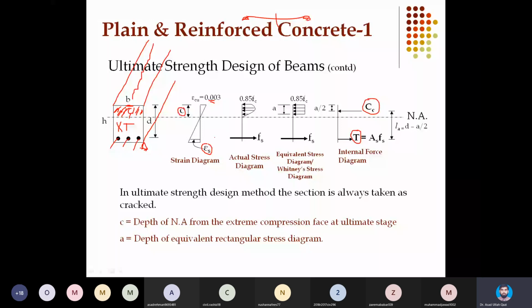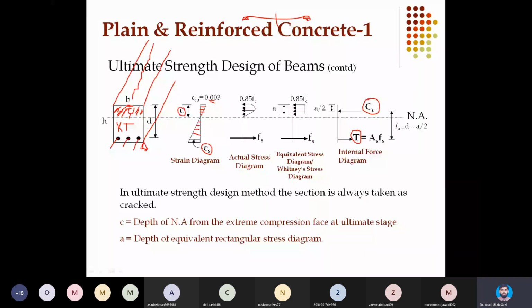And since we have discussed in the assumptions that plane sections remain plane and strains are linearly increasing, the strain diagram is linearly increasing from the neutral axis, so its magnitude is like this, and below the neutral axis it is like this.